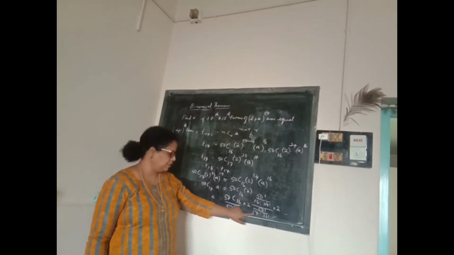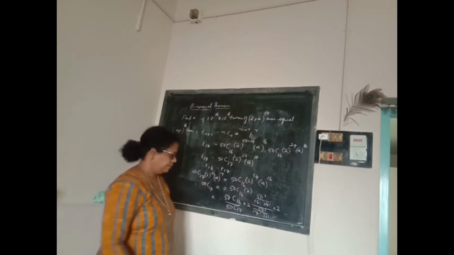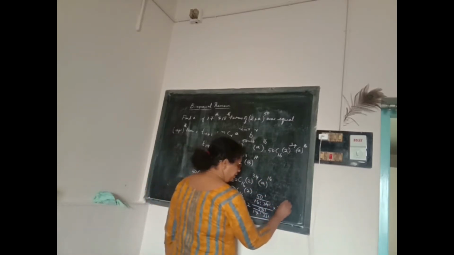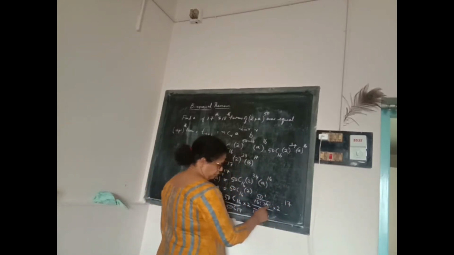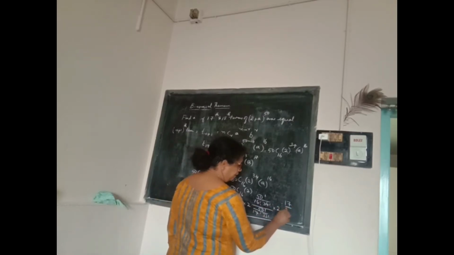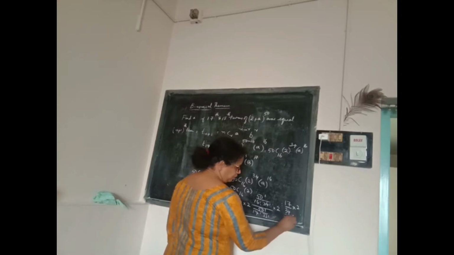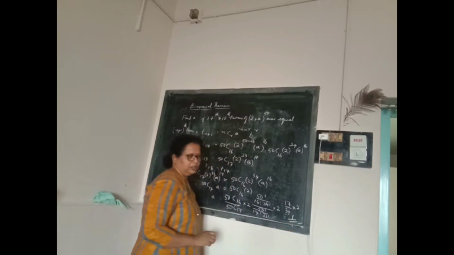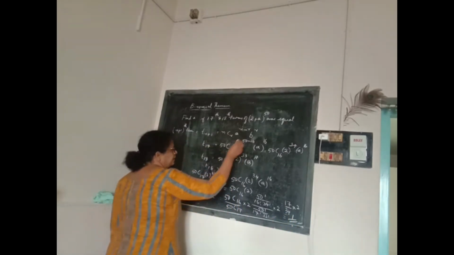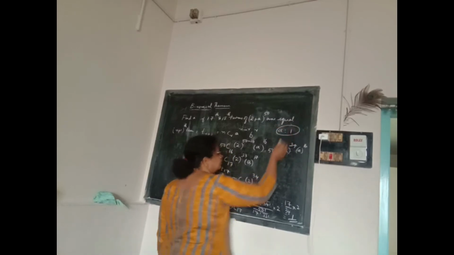Cancelling 16 factorial, we get 17, and 34 factorial over 33 factorial gives 34. So it is 17 by 34 into 2, which is 34 by 34, equal to 1. Therefore, the answer is a equals 1.